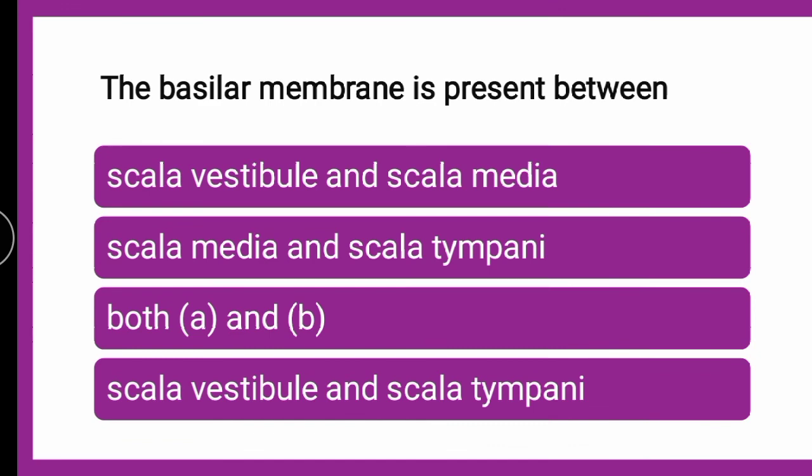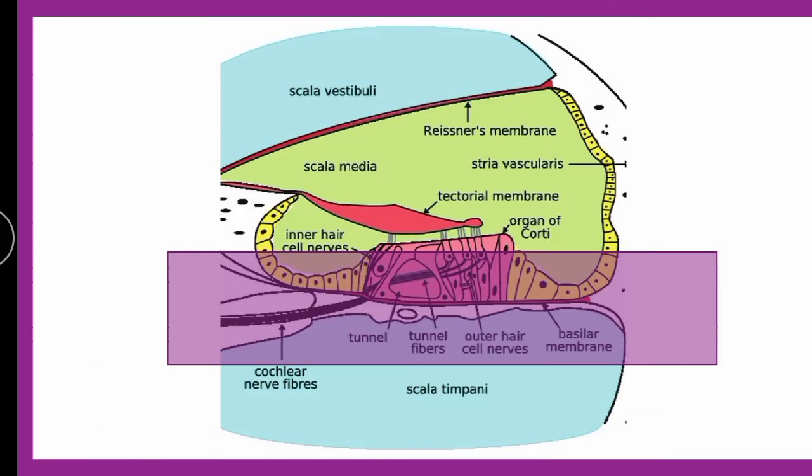If you talk about the two membranes, Reissner's membrane, that is the vestibular membrane, and here you can see the pink colored portion, this is the basilar membrane. The three layers are scala vestibuli, and this is the vestibular membrane, this is scala media and scala tympani.